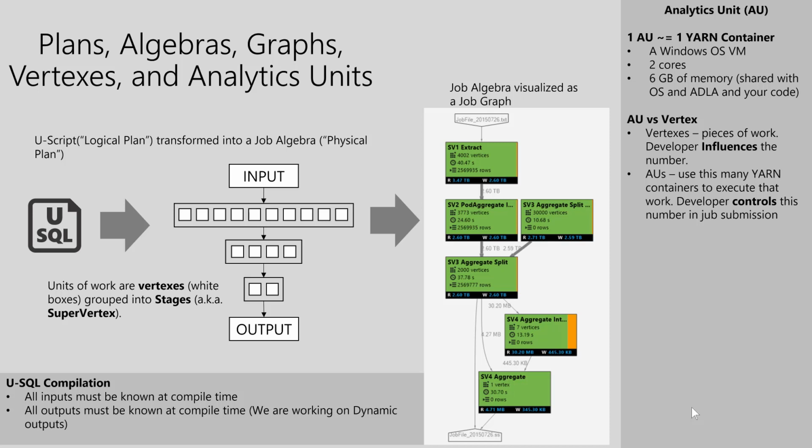Whereas you influence vertices by the amount of data you have and the specific operation in your script, the number of AUs is directly controlled by the developer. You can say, I wish to assign 50 AUs of work. You cannot say, I wish to assign 50 vertices. The vertices are inferred from the size of your data typically and the kinds of operations you're doing. You can influence it by changing the operations and providing U-SQL hints, which is a more advanced topic.